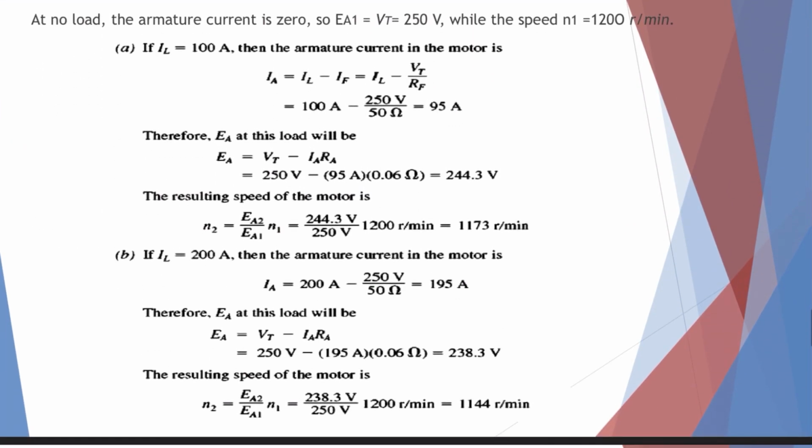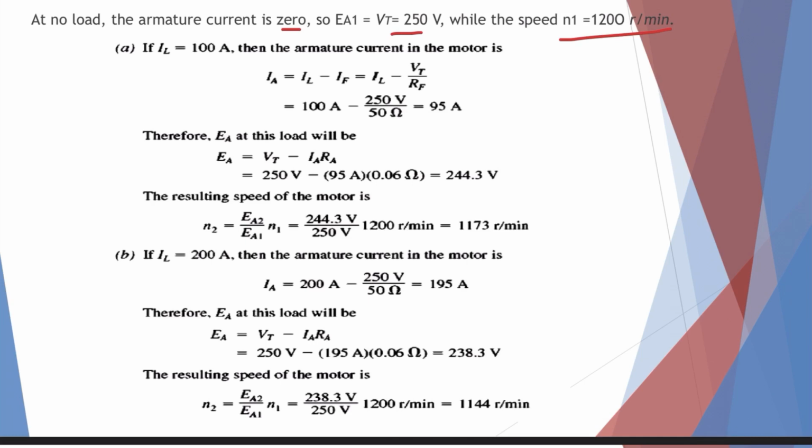Now at no load the armature current is 0. So EA1 equal VT, which is 250 volt, while the speed N1 is given in the question as 1200 revolution per minute.